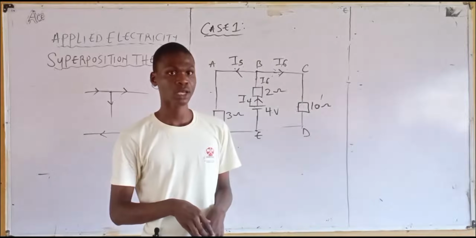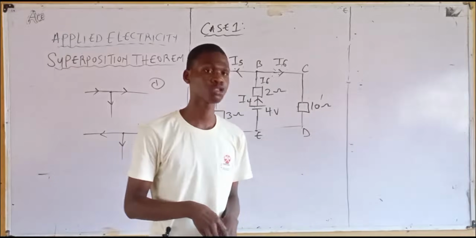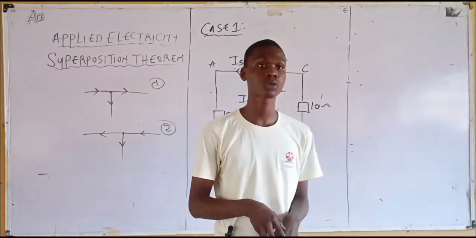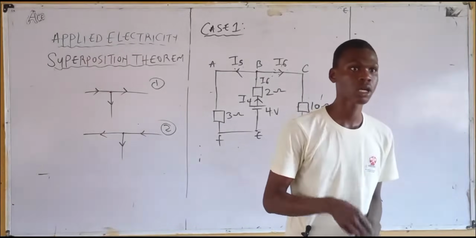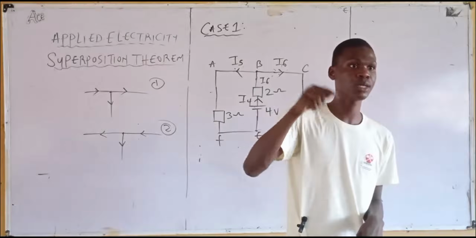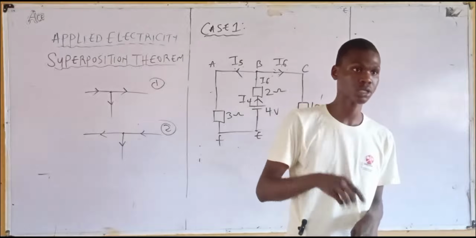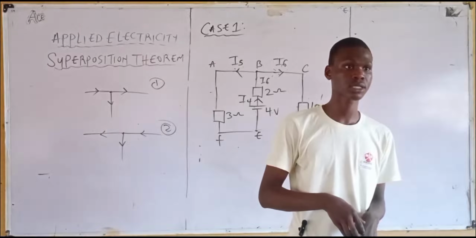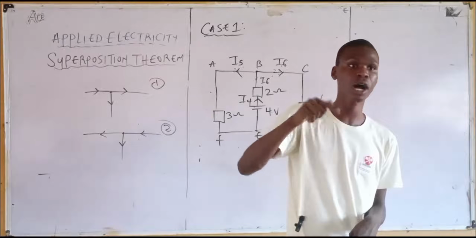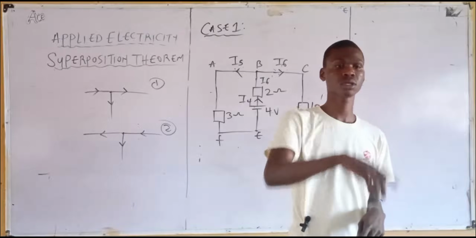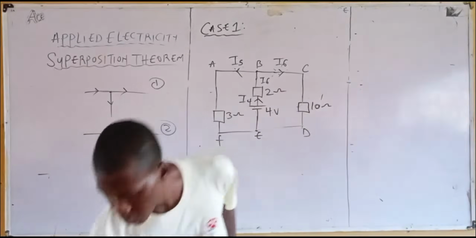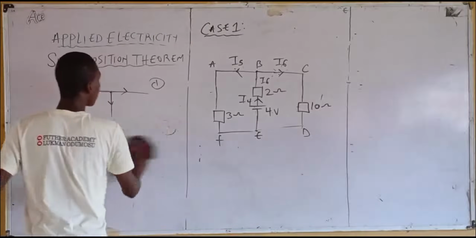When you are assigning direction to your circuit using the superposition theorem, go and check the positive terminal of your battery. Any question on that? Are you clear?